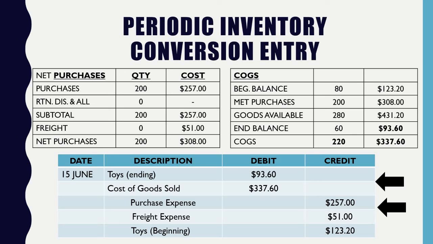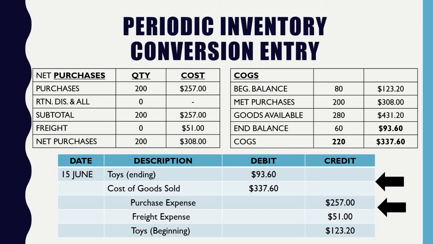So here I transferred my ending balance of 93.60. I sold 337.60. My total purchases came from the net purchases: we did 257 plus the 51, and then I also have to add in my beginning balance, because in this context we sold our beginning balance. We're getting rid of our inventory.